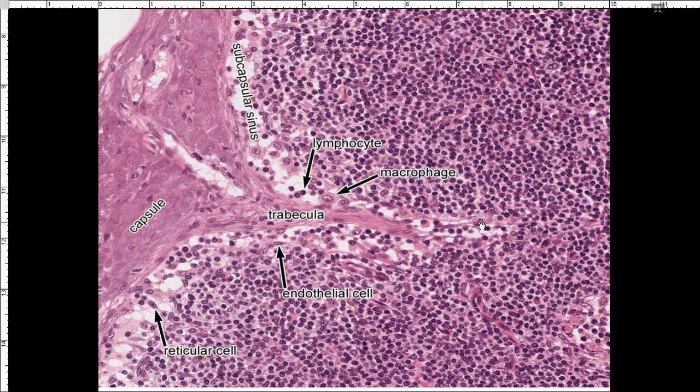At the medulla, they will join and form the efferent lymphatic vessel. Right. So you can actually see blood vessels, some lymphocytes. So this is the aggregation of lymphocytes. You can actually see here, these are all your lymphocytes.